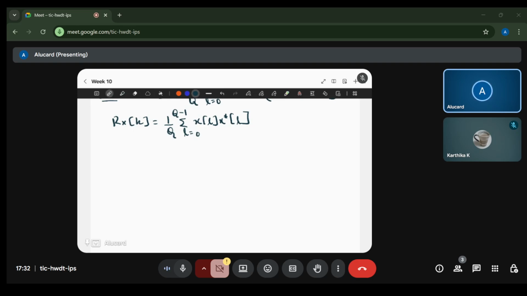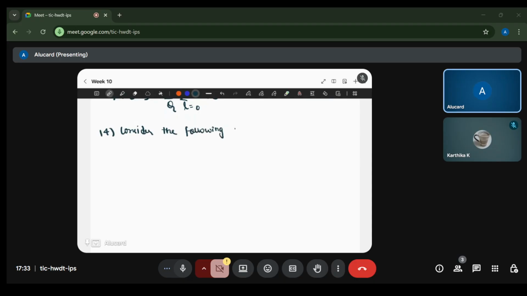Next, question 14. Consider the following diagram in the context of CDMA 2000.